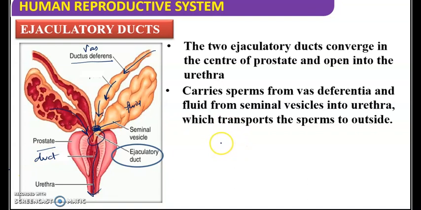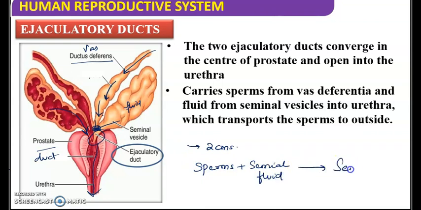Now, the ejaculatory duct has a length of 2 centimeters. By the time everything moves out of the ejaculatory duct, your sperms are filled with the seminal fluid, all the fluid material, and together they form what is called semen. So what will come out now is the semen.